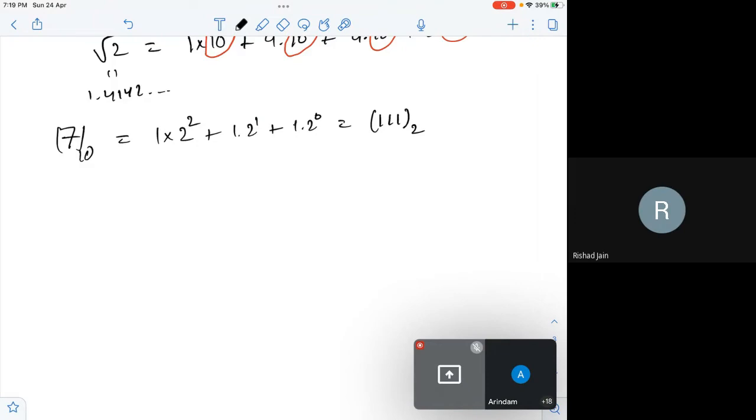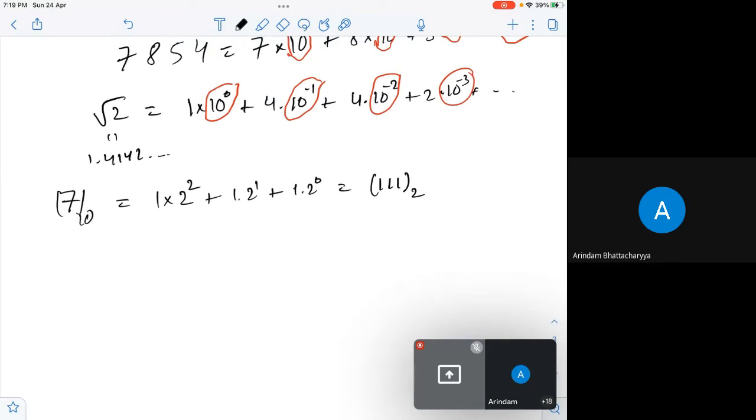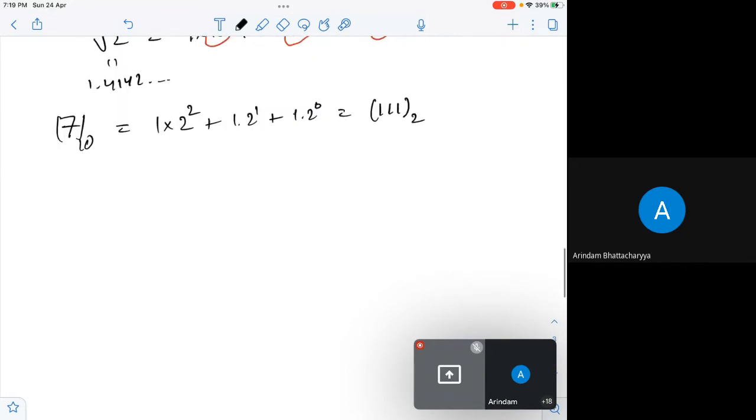Yes, you have written binary. Great. And you can also have 2 power minus 2 and all that. So in base 10, the digits are 0 to 9. In general base n, the digits should be 0 to n minus 1. Great.